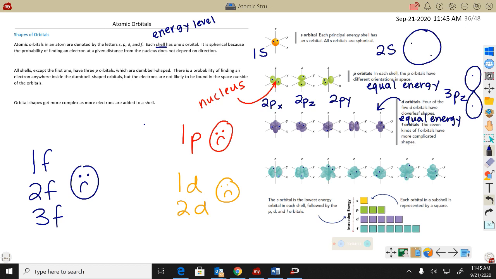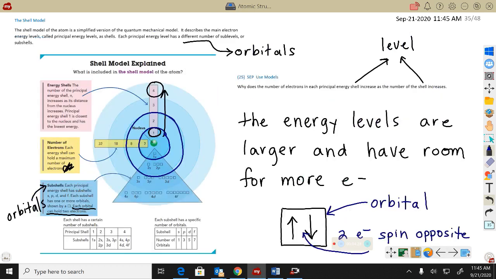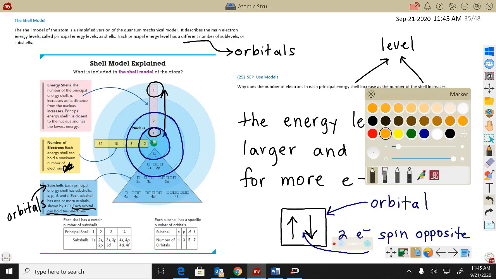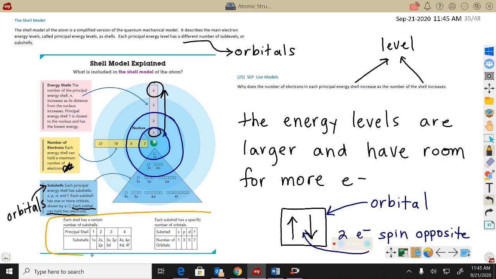They still hold a maximum of 2 electrons each. So if there are 7 of them, they could all hold a total of 14, all together. Craziness.